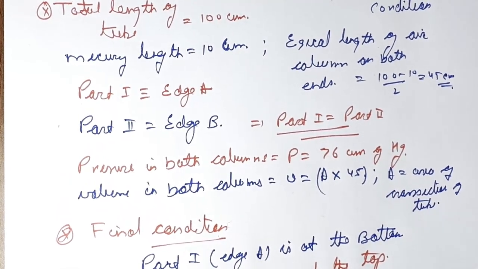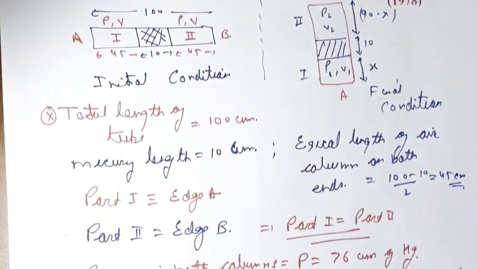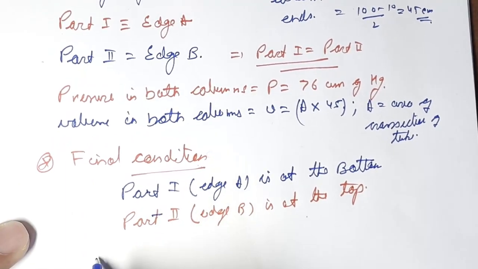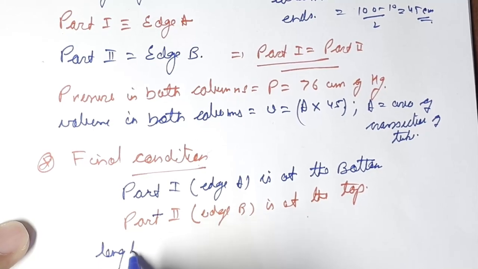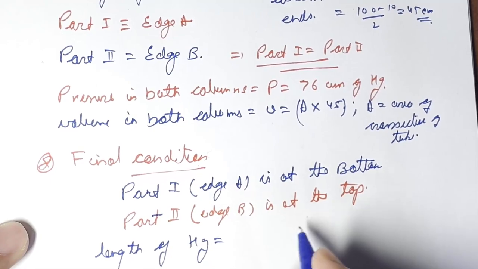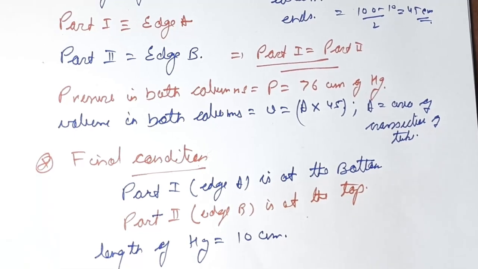Now the length of the mercury is going to remain the same, that is 10 centimeter. So the length of mercury will be 10 centimeter.